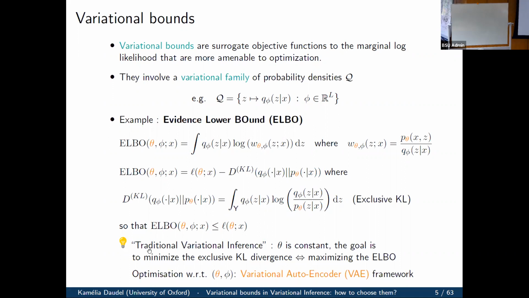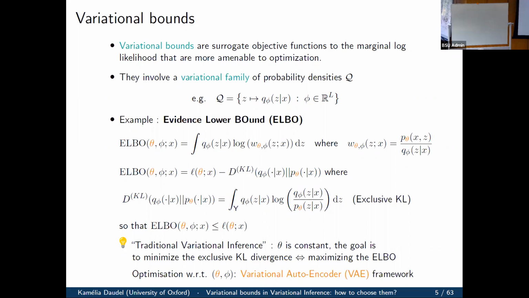In that case, minimizing the exclusive Kullback-Leibler divergence was strictly equivalent to maximizing the evidence lower bound. Here, we're considering a slightly more general framework, with optimization with respect to both theta and phi. This is closer to the variational autoencoder framework, which will be introduced in depth in the afternoon lecture.